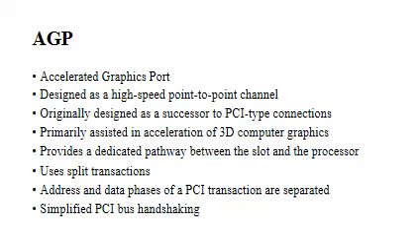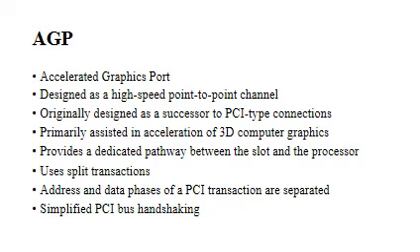Since 2004, AGP has been progressively phased out in favor of PCI Express, but by mid-2008, PCI Express cards dominated the market and only a few AGP models were available, with graphics processing unit manufacturers and add-in board partners eventually dropping support for the interface in favor of PCI Express.